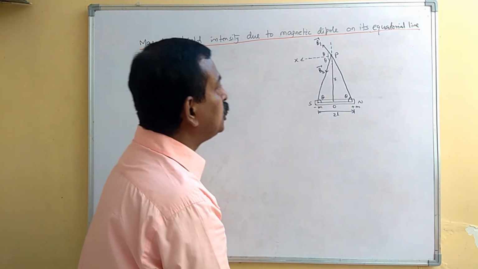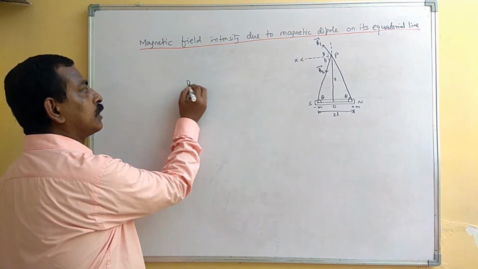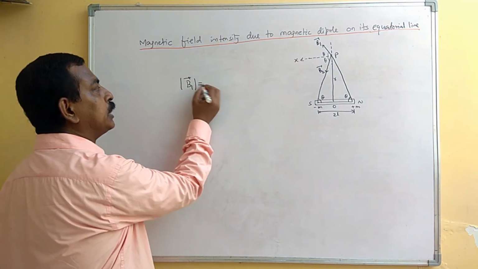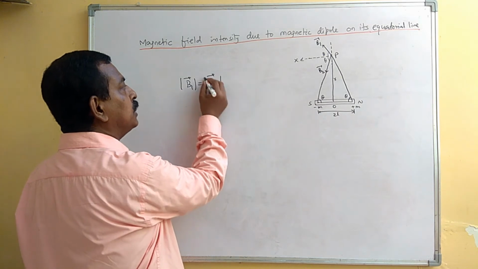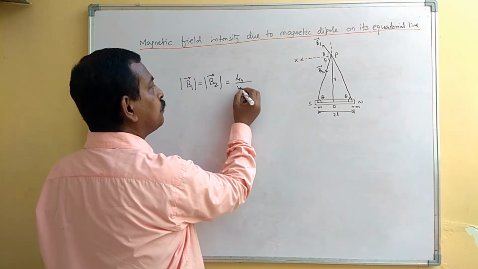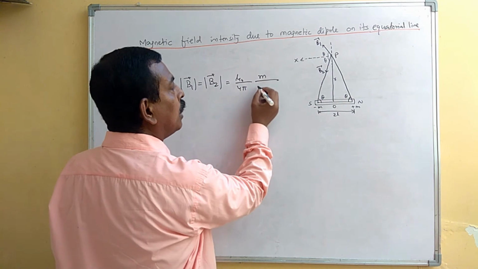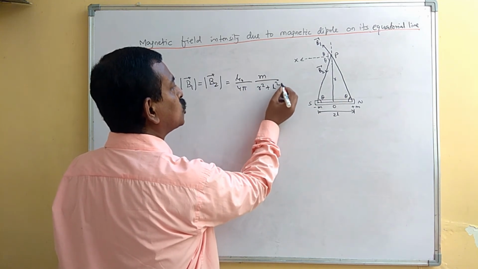Now B1 and B2 in magnitude will be equal, and the value will be mu naught by 4 pi, m by r square plus l square.